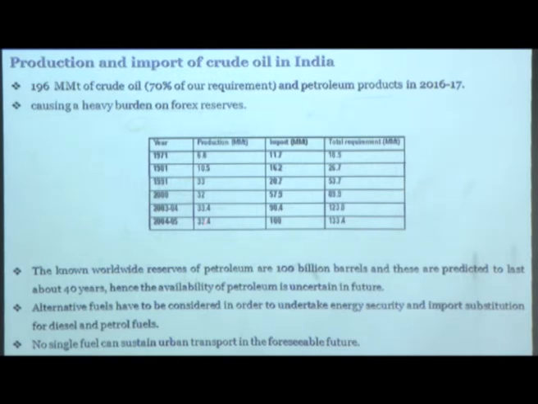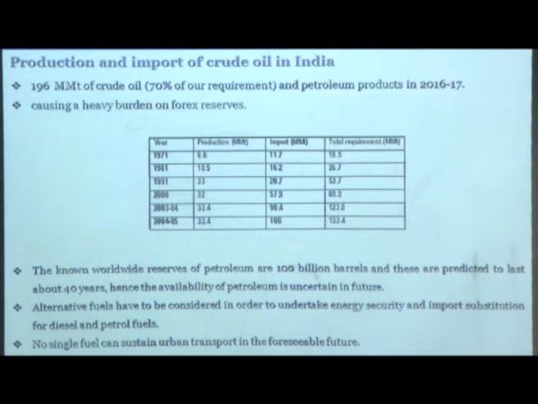Now, if you look at 2004-05, although our production went up 5 times, our demand also went up 6 to 7 times, so the domestic production fraction actually reduced. Today it stands at around 20%, and in five years from now, this may well be within 10%. 90% of the energy will be imported. So next time you fill petrol, you should think that 90% of it is coming from other countries by paying foreign exchange. Okay.